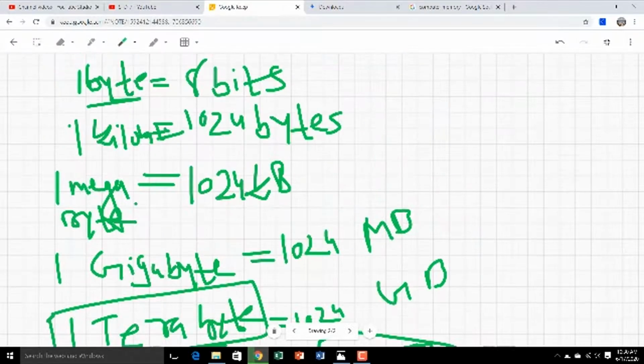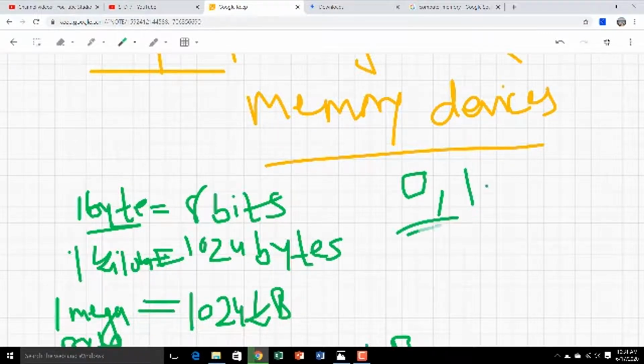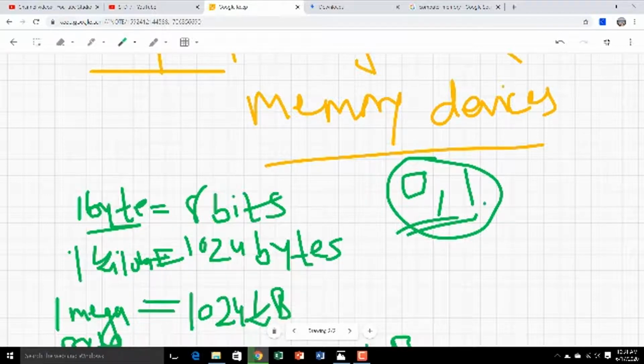So these all are memory sizes, stored in bit or byte form. A bit can be 0 or 1. In this form, the computer stores our data in 0 and 1 form, that is called bits or bytes.